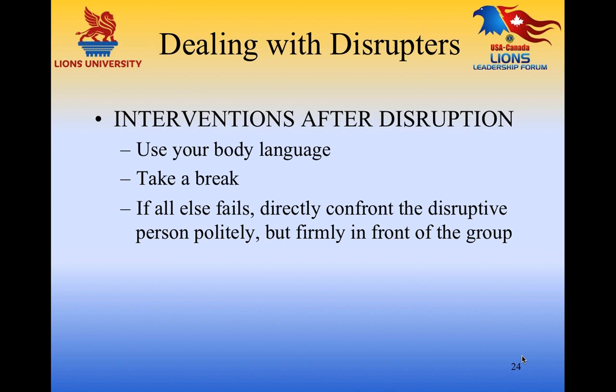One is just to ask the people having the side conversation to share their important discussion with the group. That usually ends their discussion. You might also walk over behind or beside them, which is using body language. Maybe you fold your arms, maybe you don't. And just going over there might stop that conversation. If it doesn't, then you might again ask them if they would just share their important discussion with the group.